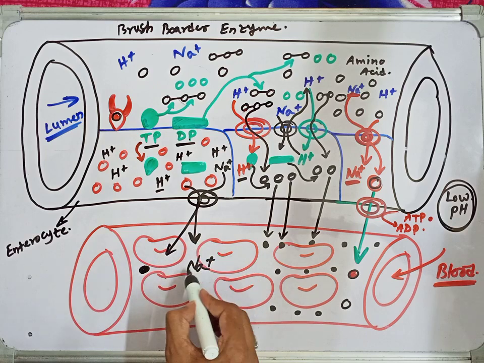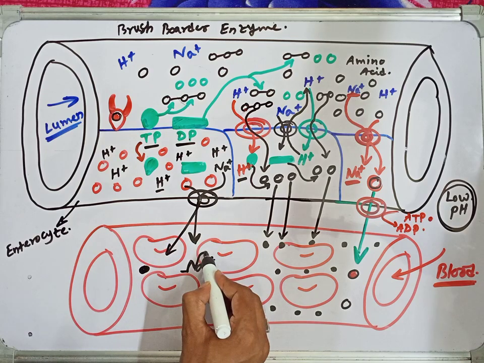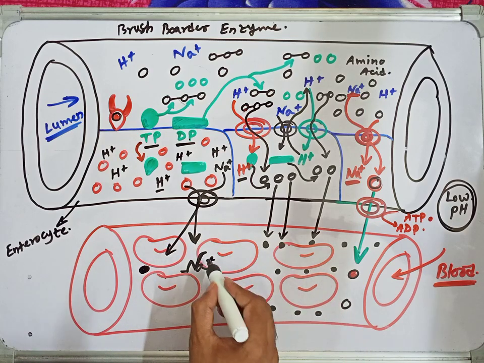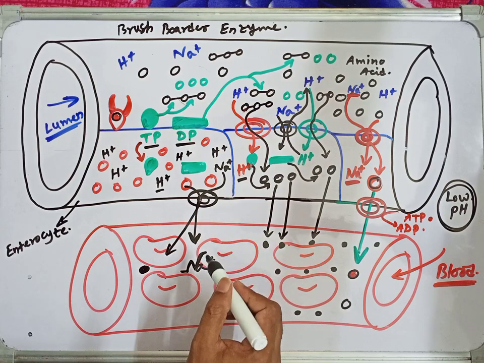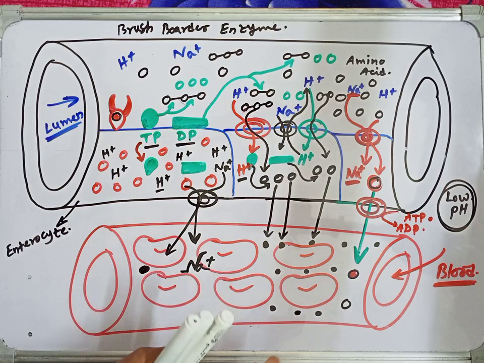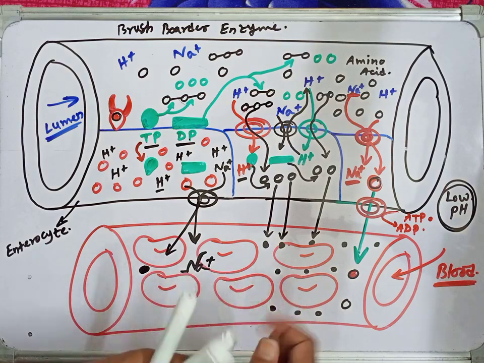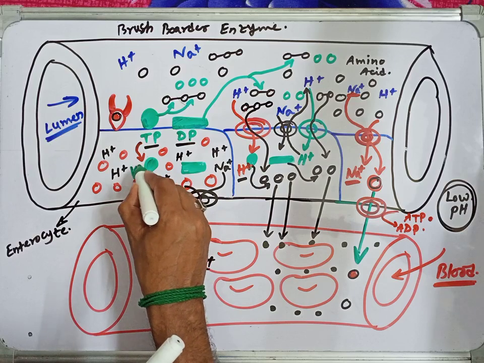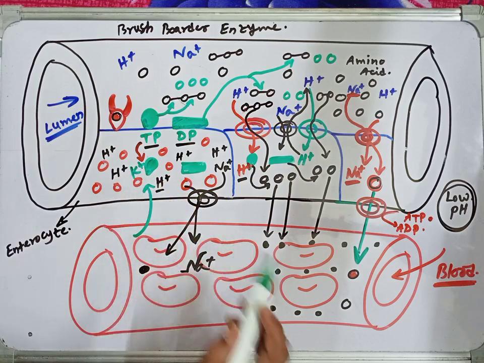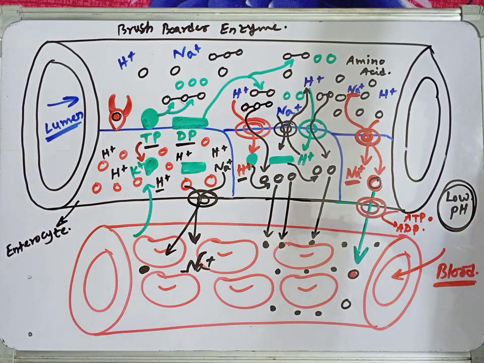That is another mechanism of digestion and absorption of protein, right? When this Na plus comes inside the blood, then one potassium ion is exchanged into the cell by the transporter. That is the whole idea about the amino acid digestion and absorption as well.